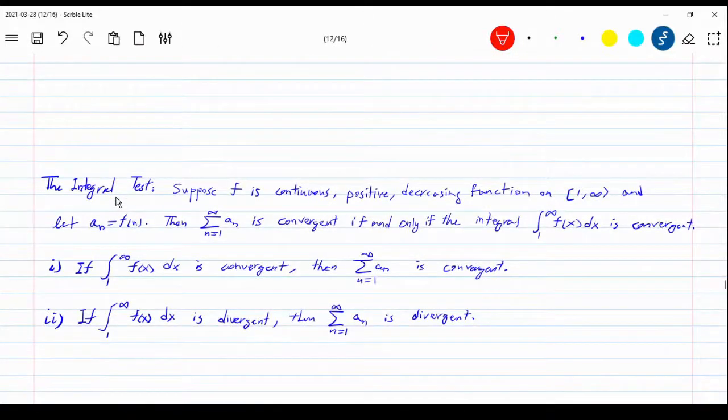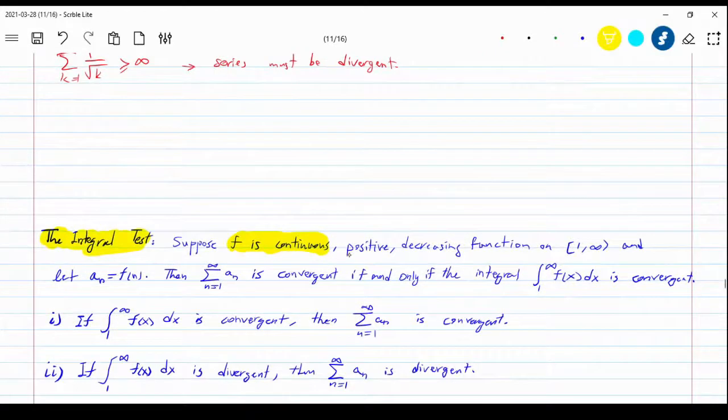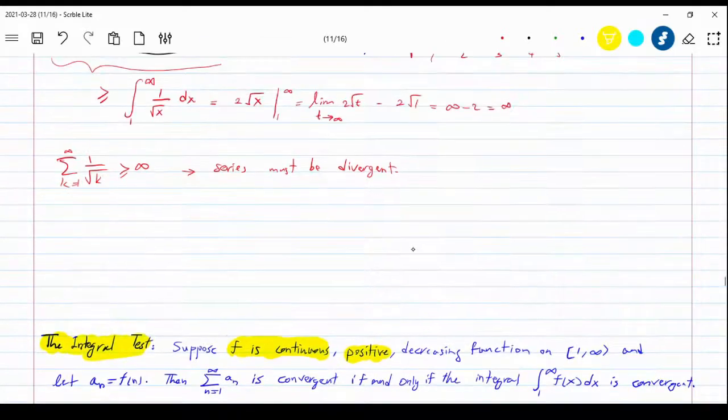So these end up being a representation of our integral test. If you want to find out whether a series is convergent or divergent, assuming that you're dealing with a continuous function f, corresponding to those a_n's, and those a_n's are positive, that means the area doesn't alternate, it's always above the x-axis, and with the assumption that the function is decreasing.